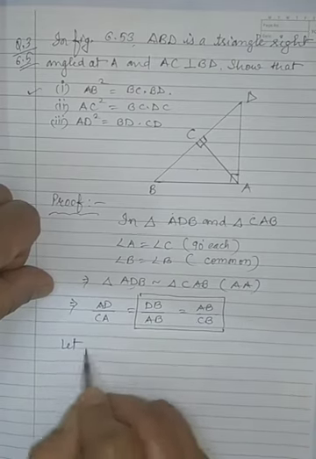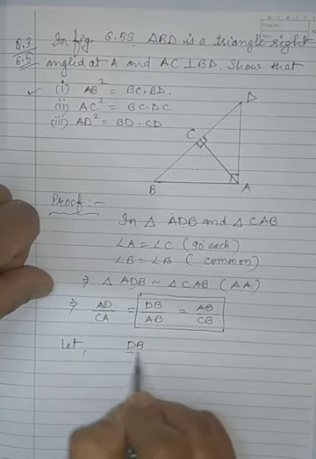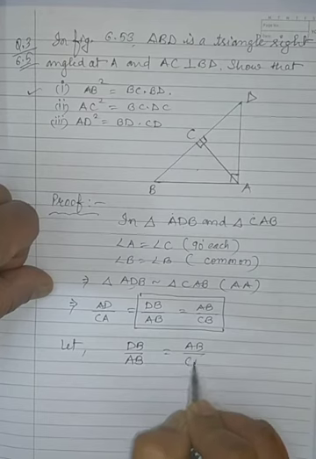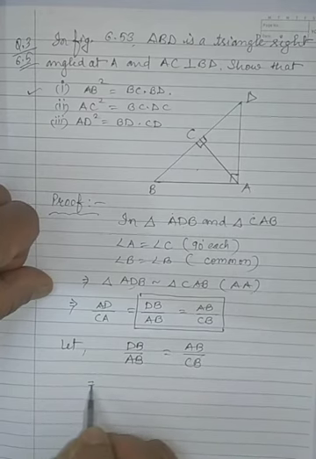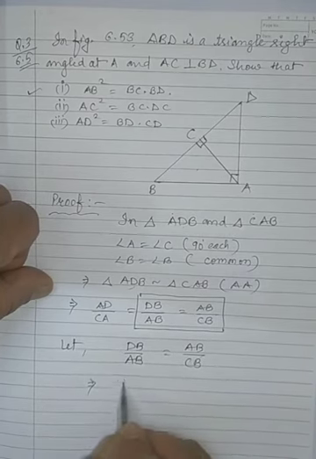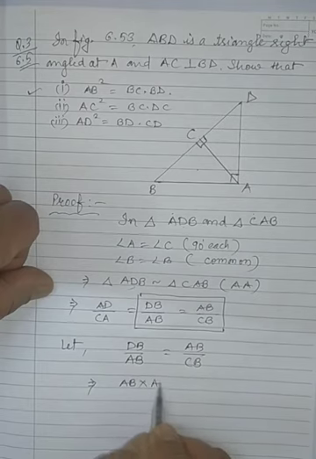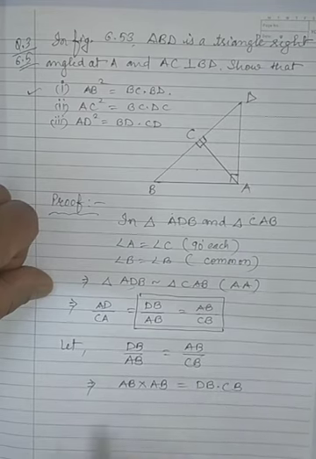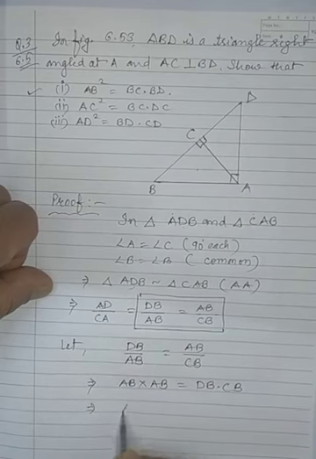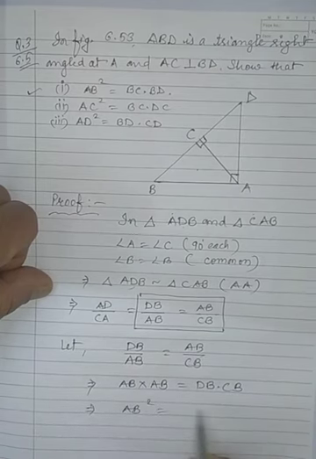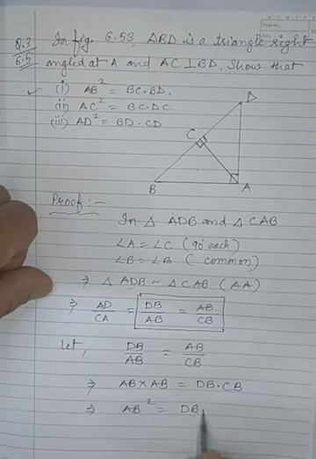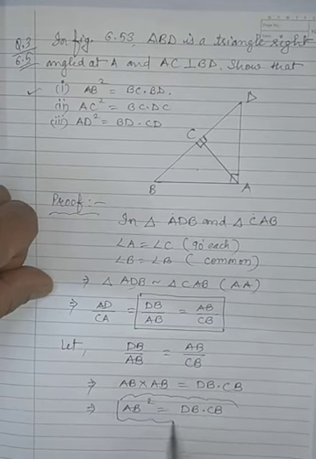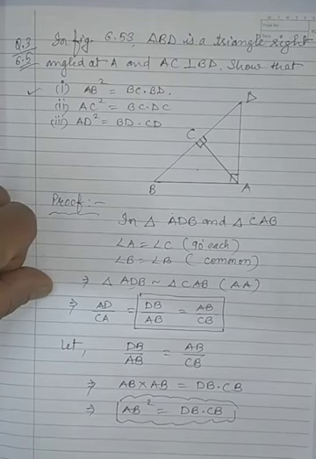Let us take them. DB upon AB is equal to AB upon CB. That implies, if we cross multiply it, AB into AB is equal to DB into CB. Therefore, AB square equal to DB into CB, which we had to prove.